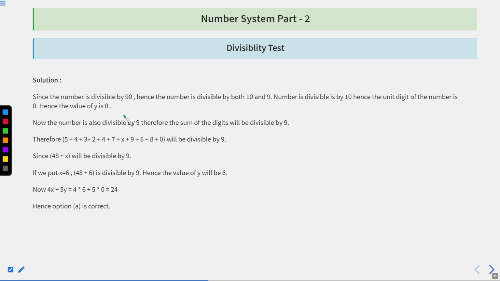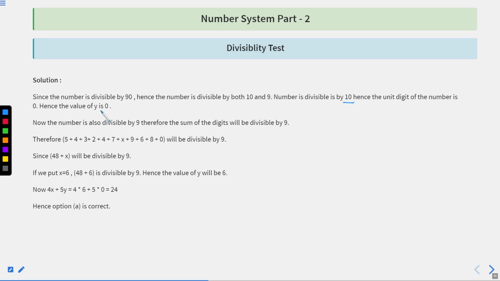So now I am checking the number for the value of y first, because if any number is divisible by 10, then for sure the unit place digit should be 0, because only then will the number be divisible by 10.